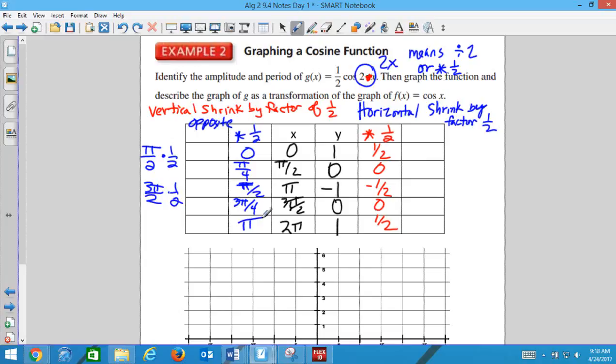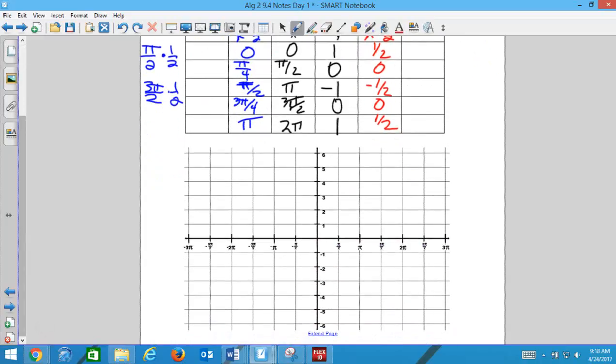So we're going to be graphing the x's that are in blue, the y's that are in red. We're graphing the transformed x's and y's, not the original ones in the center. So 0, 0. Nope, just kidding. 0, 1/2. And then pi over 4. So I don't have pi over 4 on this graph. Where would it be? In the middle of 0 and pi over 2, right?